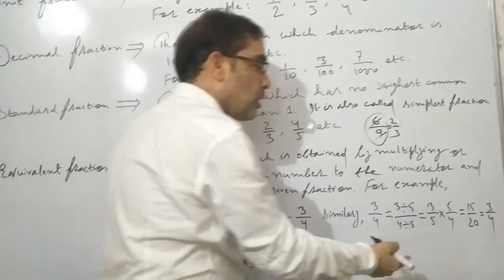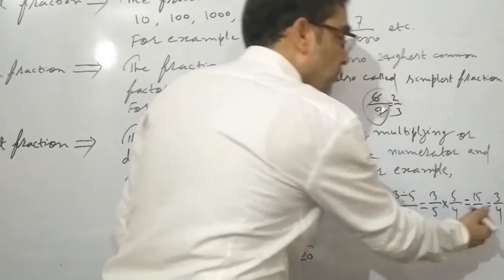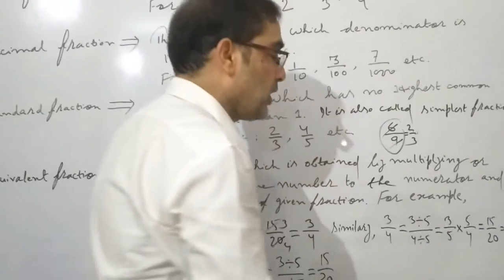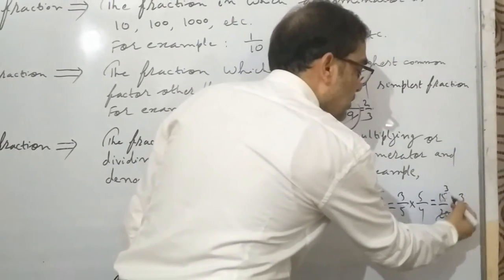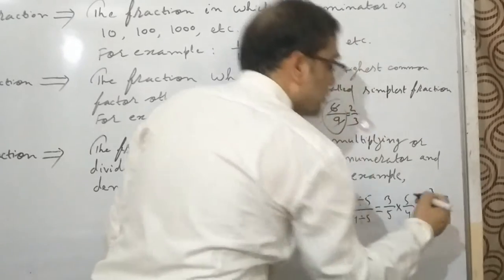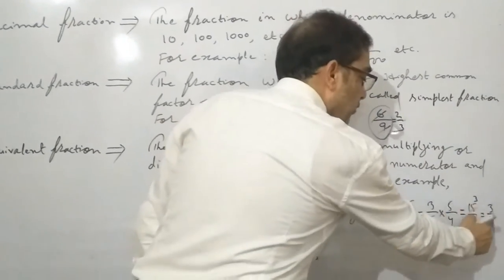The result comes 15 by 20, and when we divide 15 by 20 by 5, the result comes 3 by 4. Again 3 by 4 comes.